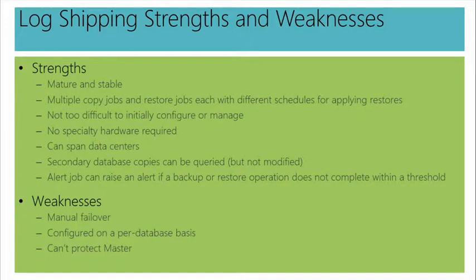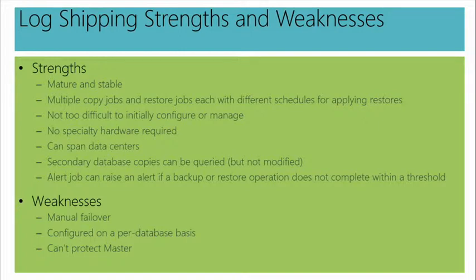My secondary database is read-only queryable based on how I have that set up. And alert jobs can be set up if a replication cycle doesn't occur. I said the R word. If I have a failed job, either in restoring or copying, and it doesn't occur within a certain threshold, I get an alert.